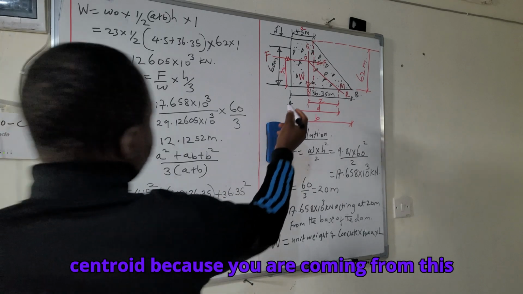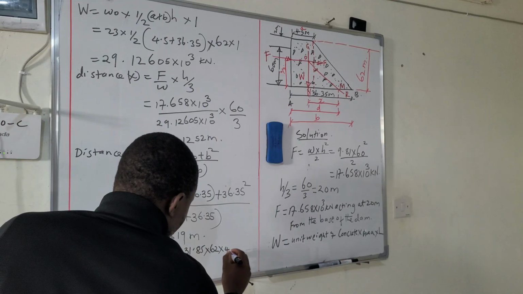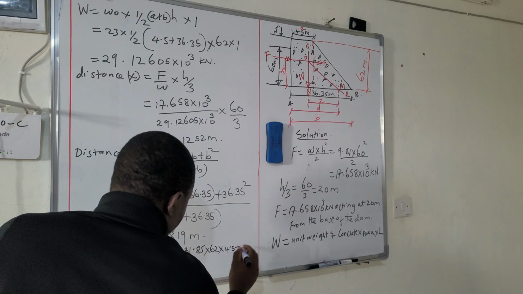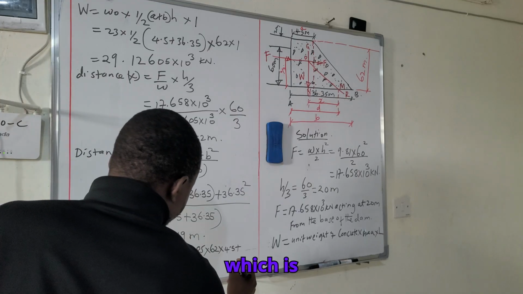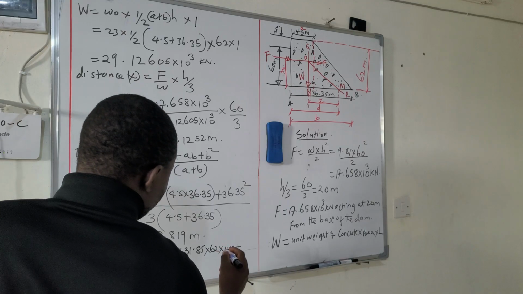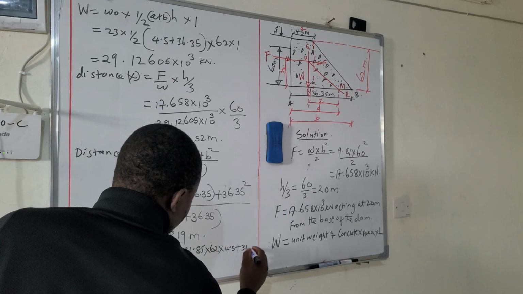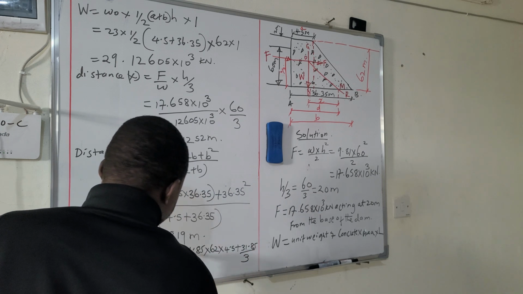Because we are coming from this side, we take this distance 4.5 plus h over 3, which is 31.85 over 3.